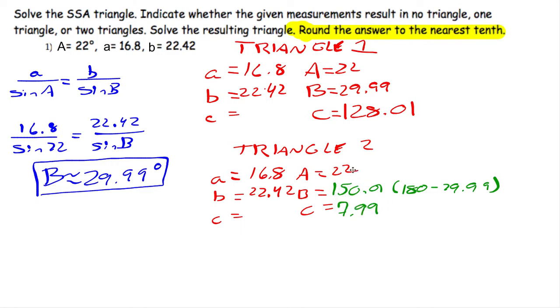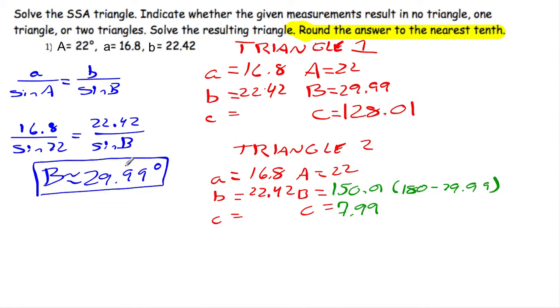So notice here, in triangle 1, I did everything as usual: I did law of sines to get angle B, and then the three angles add up to 180 degrees. So I can add the sum of the two angles I have, and then subtract from 180, and that's angle C. However, because this is side-side-angle, I could have two triangles.